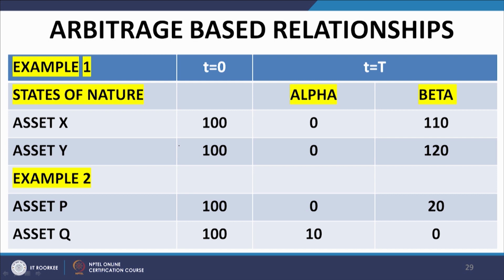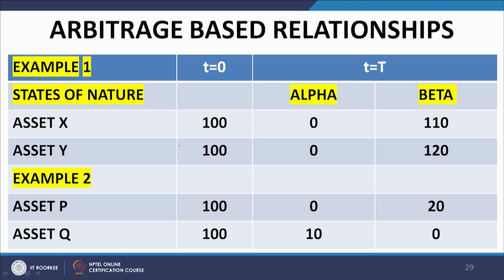One is having a higher payoff in one state, and both of them are having identical payoffs in the other state in a two-state system, as a result of which there is definitely a possibility of arbitrage in this example. Let us look at example 2. Example 2 has two assets P and Q, both of them again are priced at 100.